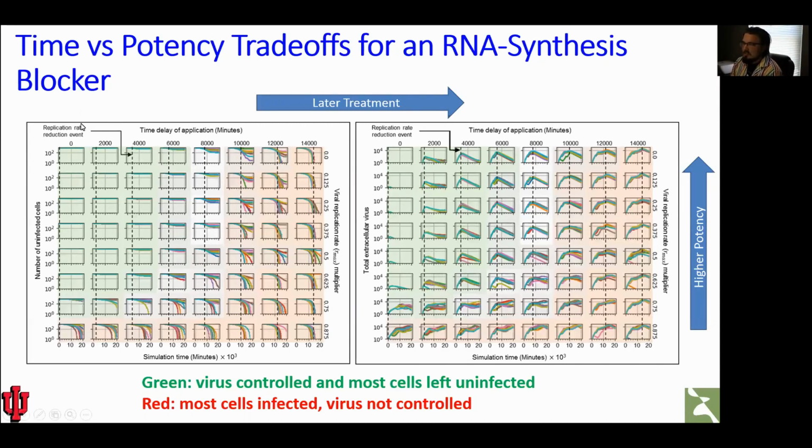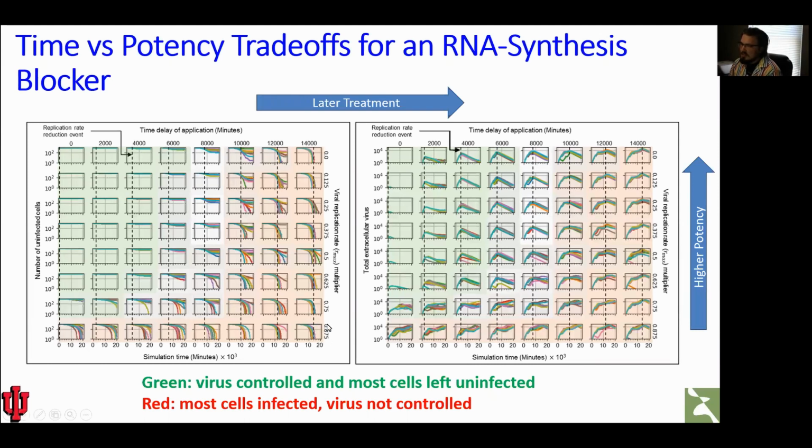And so in this parameter sweep, you can notice here, moving from left to right, all of these dashed lines denote what we call the time delay of application. These are the moments in simulation time when a particular reduction in the replicating rate was applied. So moving left to right is earlier to later treatment.